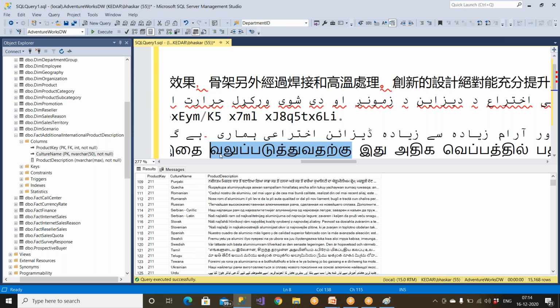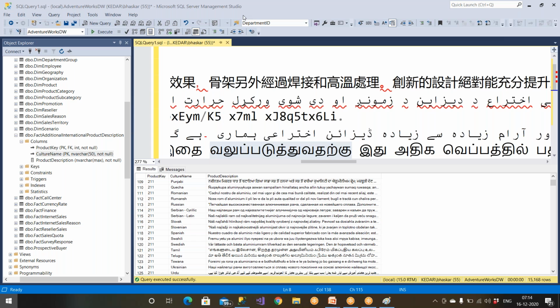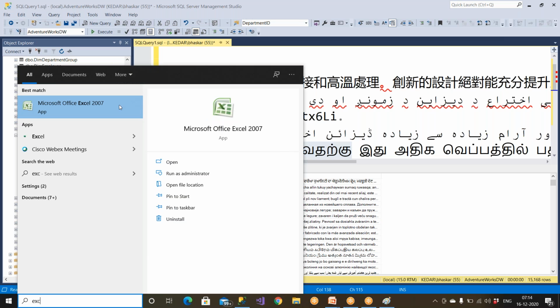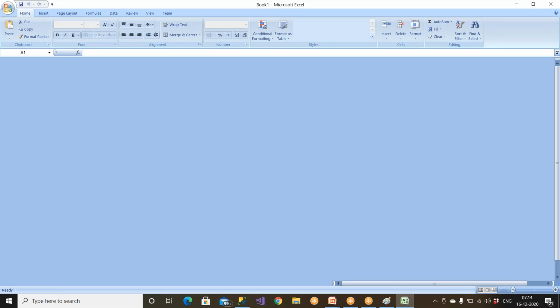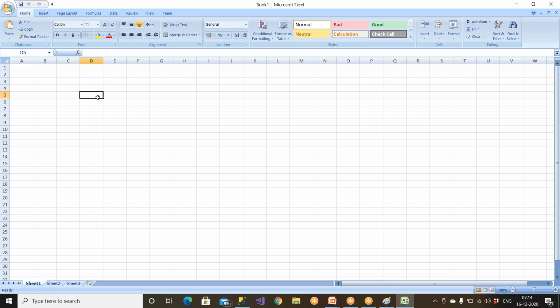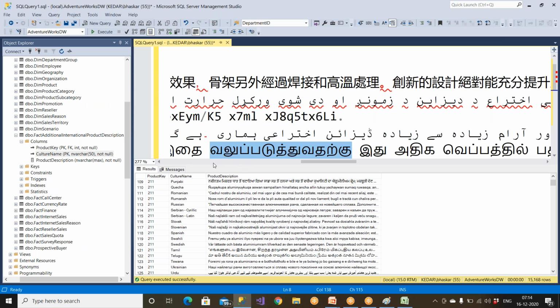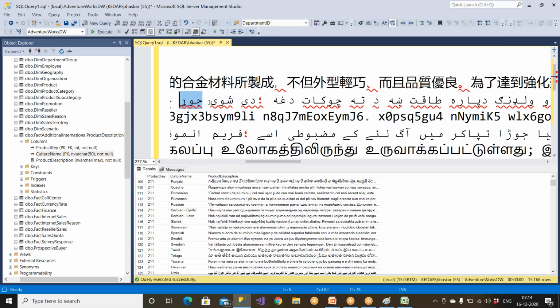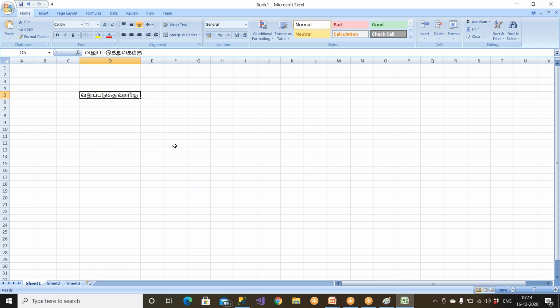I wanted to take this data. Let me show you. Let me copy this data and open Excel. You think that Excel may take only English data always, okay? You can also store your own languages here. So this is one language data. Let me copy this and put it here.